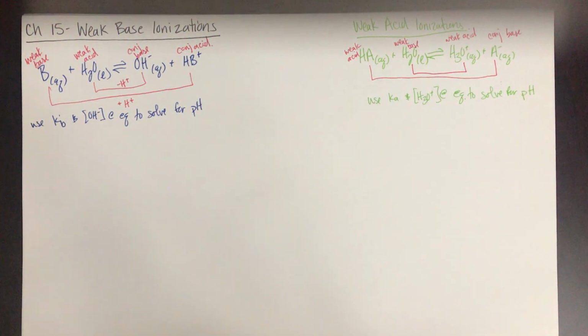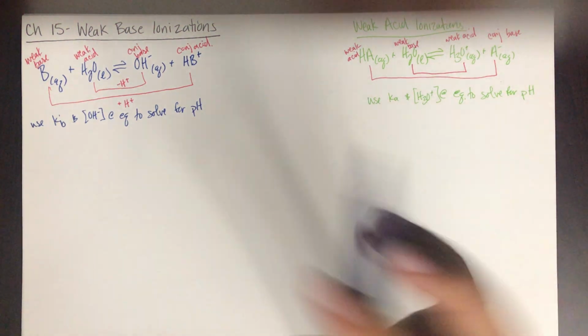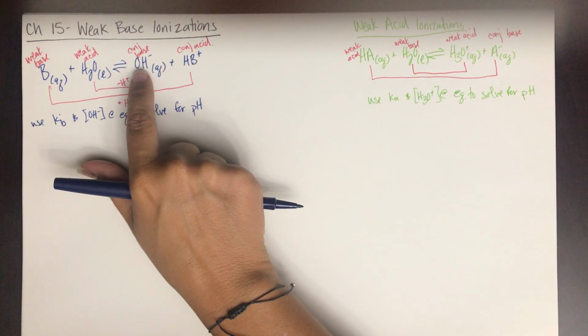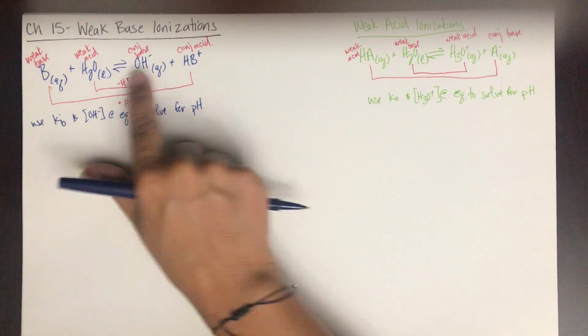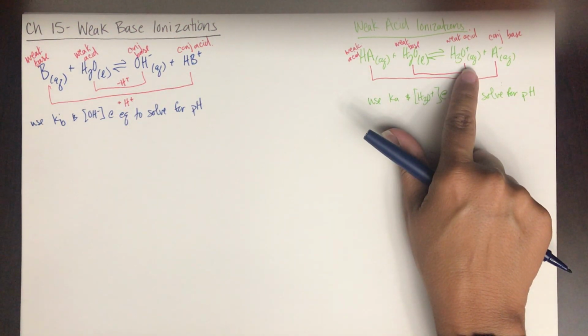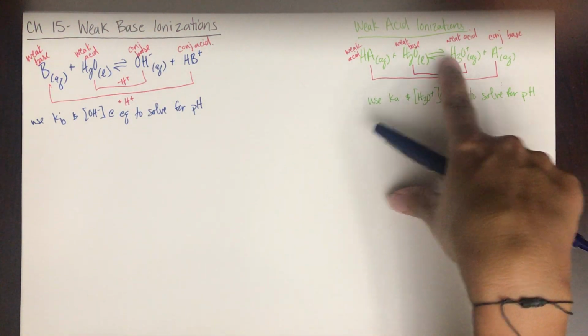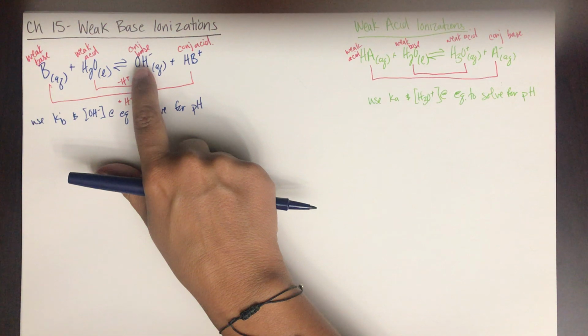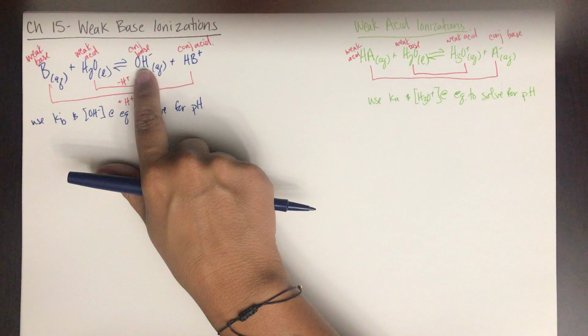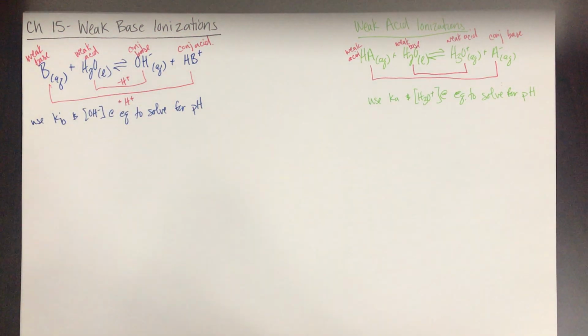The setup of these calculations works exactly the same, but what you need to remember is that when you're solving for X in an equilibrium table for a weak base, you're solving for the hydroxide ion concentration, not the hydronium ion concentration. So you need to either convert hydroxide to hydronium to solve for pH, or use the negative log of the hydroxide ion concentration to solve for the pOH, and then from the pOH you could solve for pH. So let's look at an example.